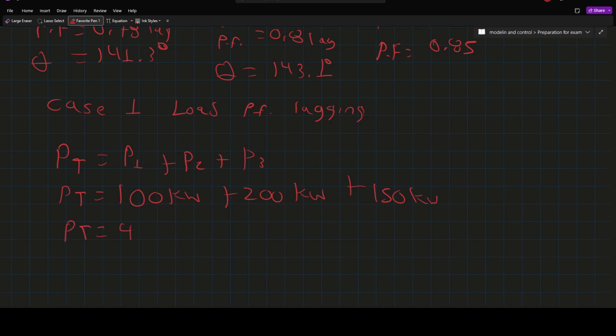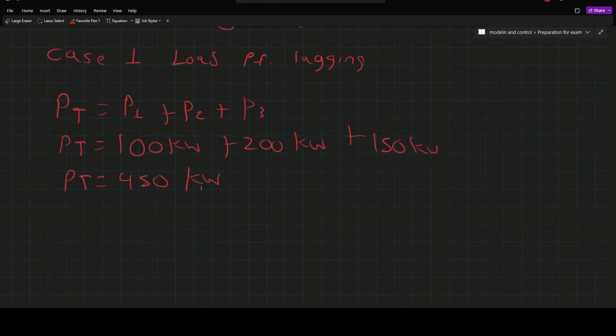So this is going to be equal to 450 kilowatts. Okay, and now we need to figure out our reactive power, and our total is our Q1 plus Q2 plus Q3.